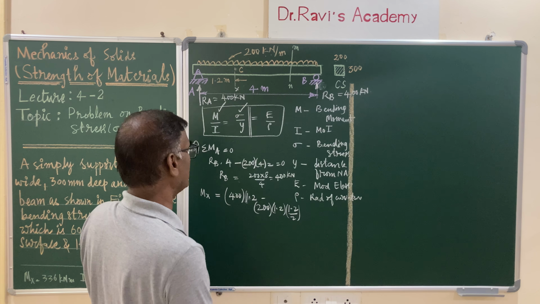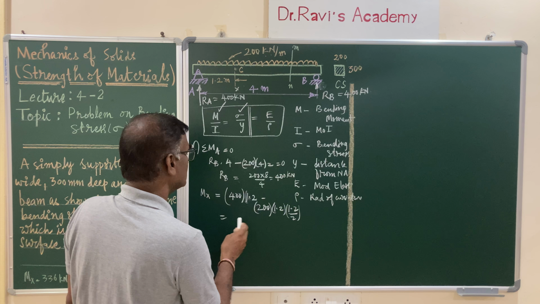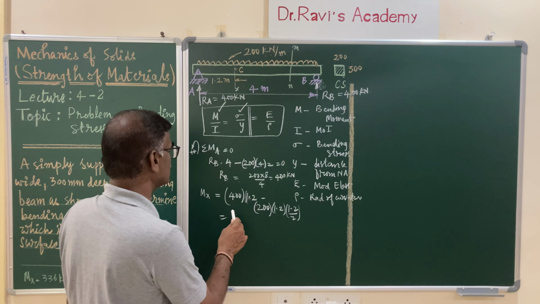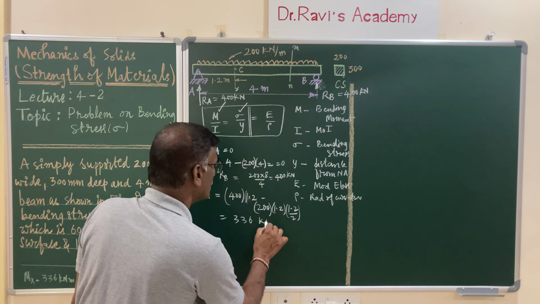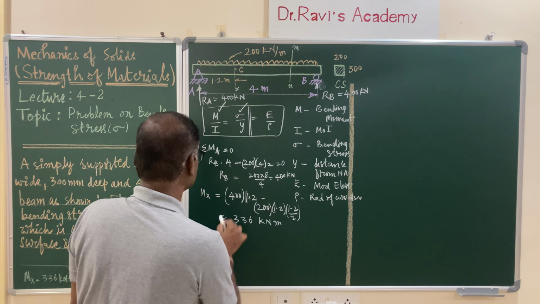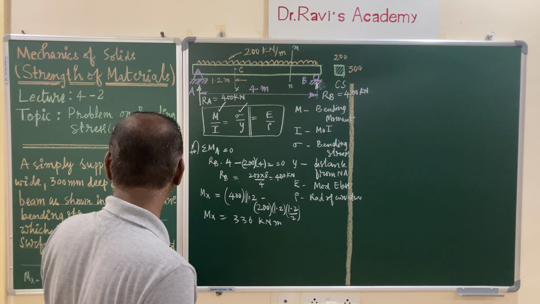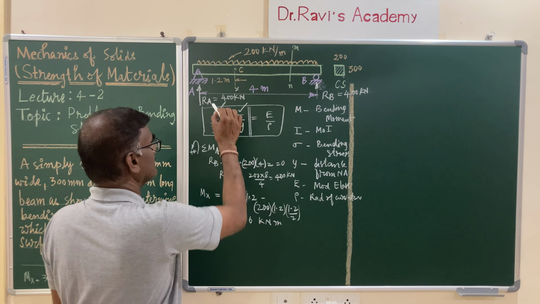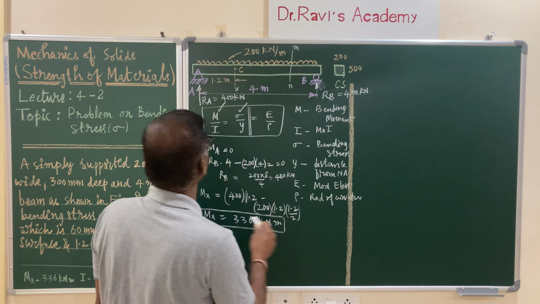So the bending moment is 336 kilonewton meters. This is one of the values required in your bending equation, the first value.